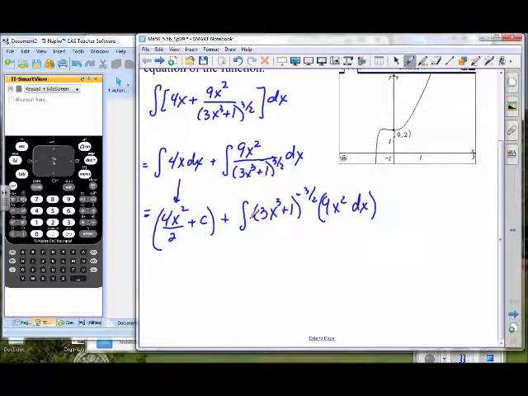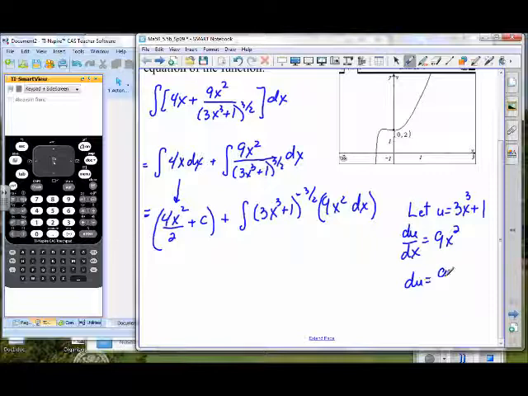The inside function is 3x cubed plus 1. So we're going to let u equal 3x cubed plus 1, and then take the derivative with respect to x of that, and we would have our 9x squared plus 0. We're going to make a substitution, so we need to have a term that has the differential x in there. So we'll multiply both sides by that differential, giving 9x squared dx, and we now can substitute that whole term with just du.